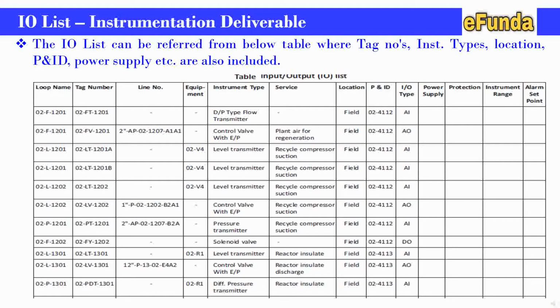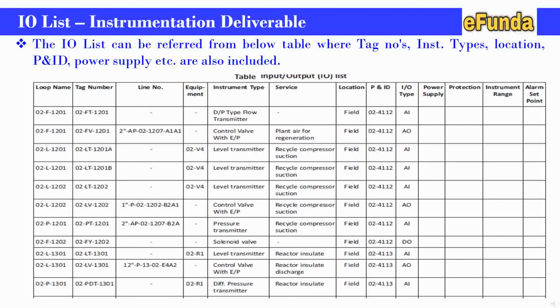For better understanding, please watch all the videos related to the instrumentation topic, where the instrument index is exclusively covered, so that you will understand how the flow loop control or a pressure, level and temperature loop are represented in the instrument list. That will help you to filter out the input output list from the instrument index.